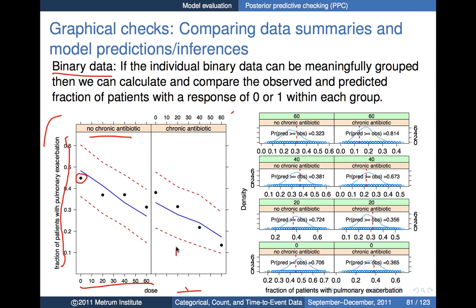If I was to take a cross section right up here at the 20 milligram mark, a cross section of the distribution of posterior predictions, then instead of grabbing only 3 quantiles, I'm going to take the entire distribution of posterior predictions and plot that. Let me make sure, that's chronic, so that's going to be on the right. It's the 20, so that corresponds to what I'm showing here, the one I've just highlighted.